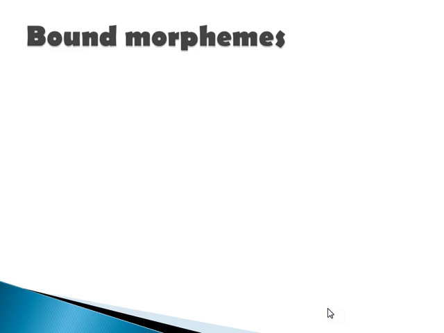Your meaning depends on those who control the situation. It's almost the same thing. I'll first give you an overview of what a free morpheme is, then I'll go back to bound morphemes. In fact, I'm considering changing the order in these slides because I think free morphemes are easier to understand.